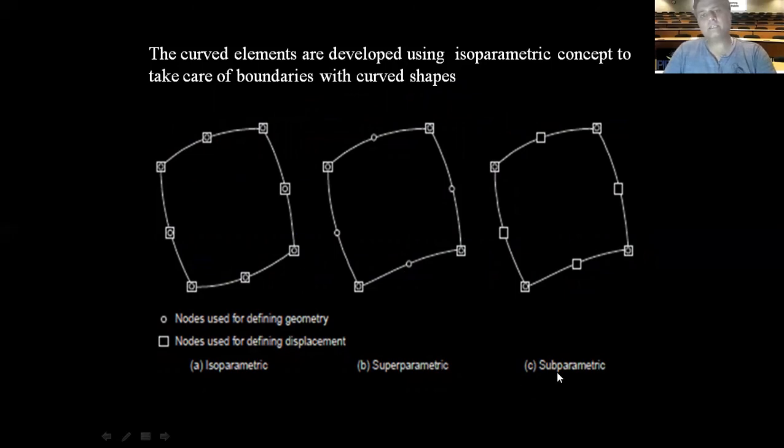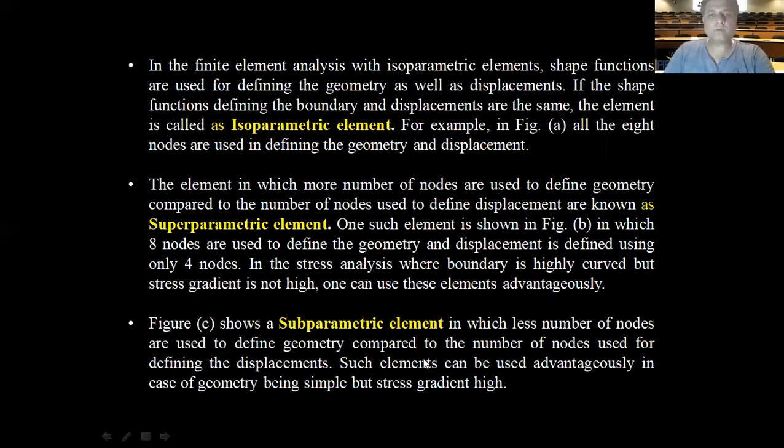In the third case, if you are having less number of nodes to define the geometry and high number of nodes to define the unknown or displacement, then it is called subparametric element. So these are three different higher order or isoparametric elements generally used in case of finite element analysis.